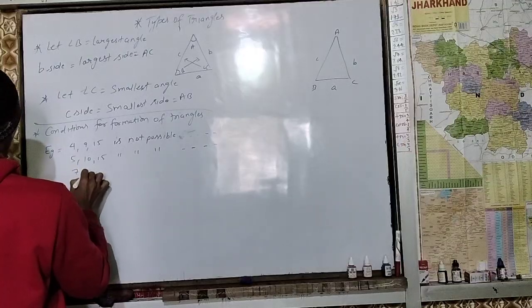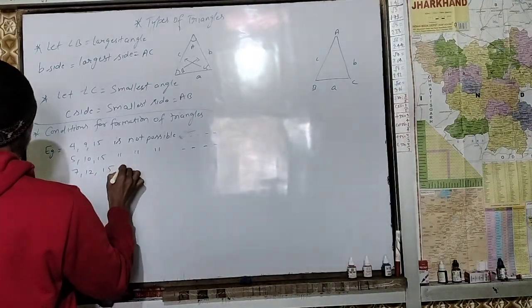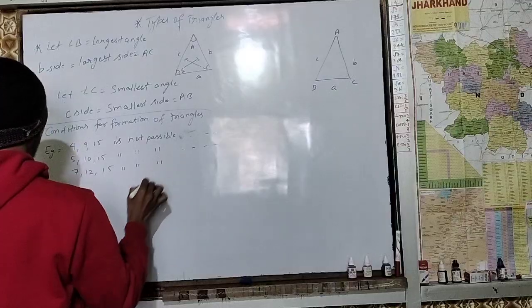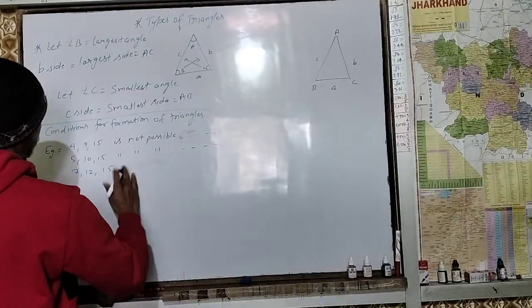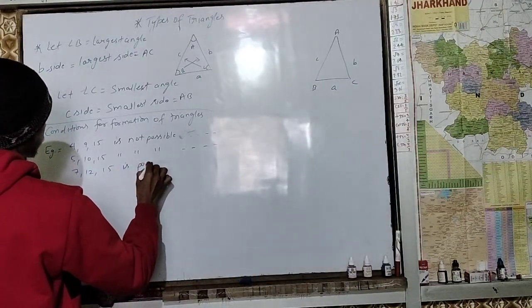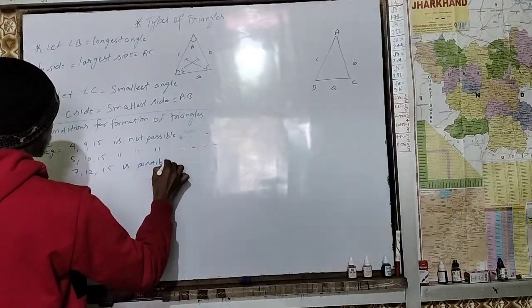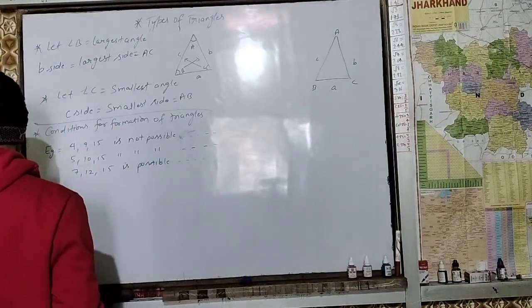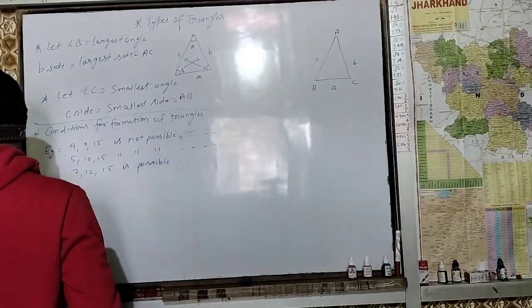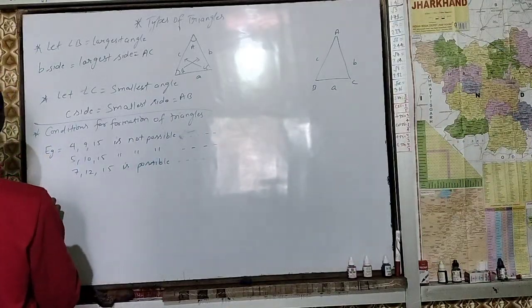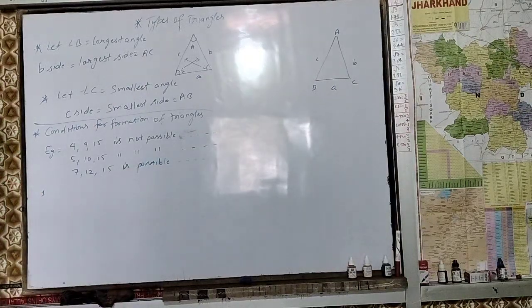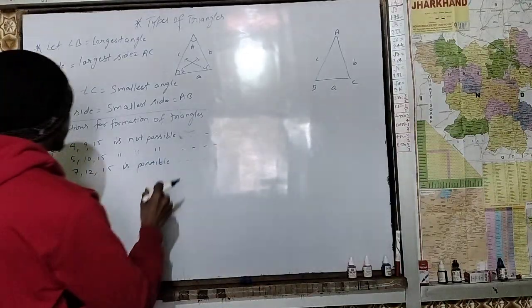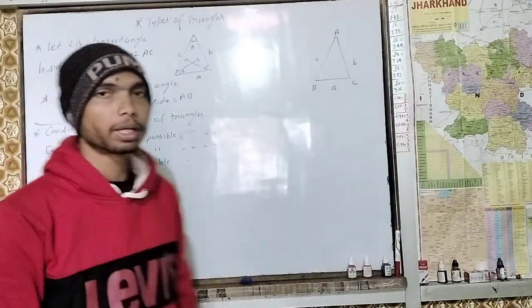Next we have 7, 12, 15, which is possible. One by one we will see the rules or conditions. For 4, 9, 15 it is not possible to create a triangle.